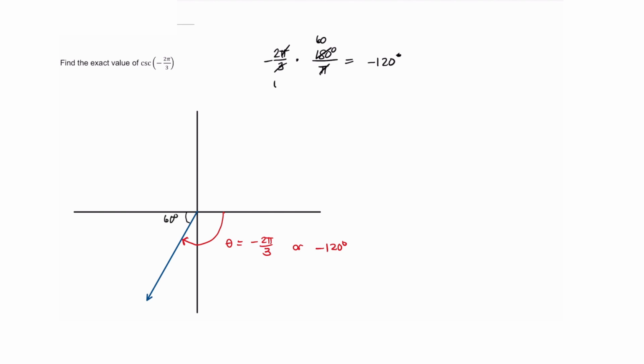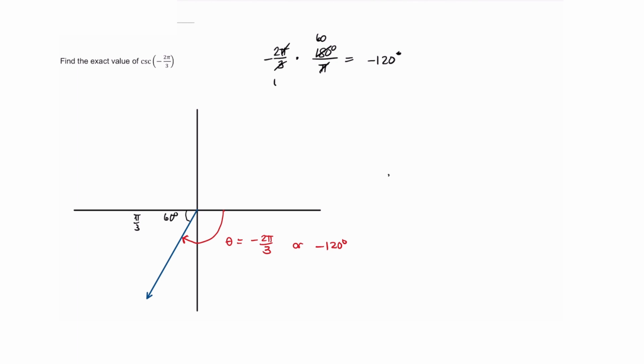And that means that the cosecant of negative 2 pi over 3 has something to do with, now remember, 60 degrees is pi over 3 radians. So I need to evaluate the cosecant of pi over 3 radians, and then adjust for sign.